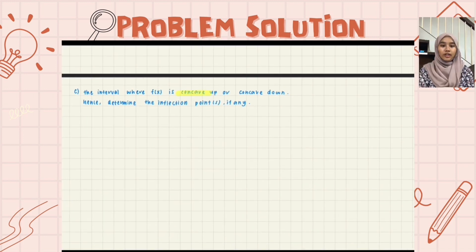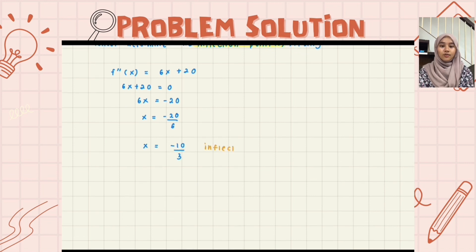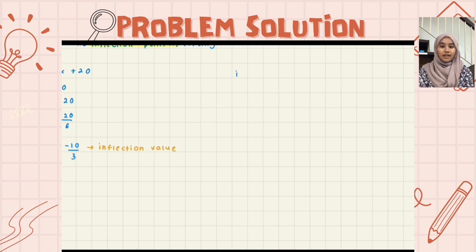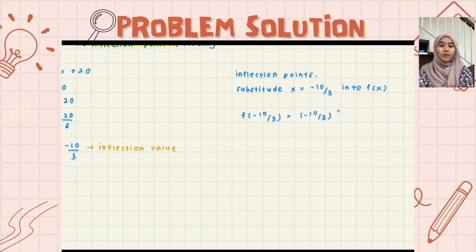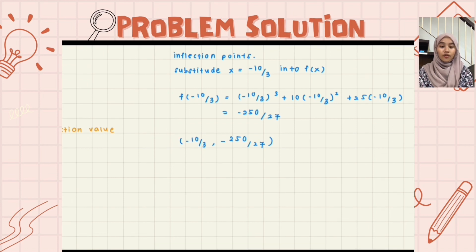So to find the concavity, we need to use the second derivative test. Then set f double prime x equal to 0. Then we will find x, which is the inflection value. Next, we need to find the inflection point, which is we substitute the inflection value into the original function. Then we will get the inflection point, which is negative 10 over 3, negative 250 over 27.